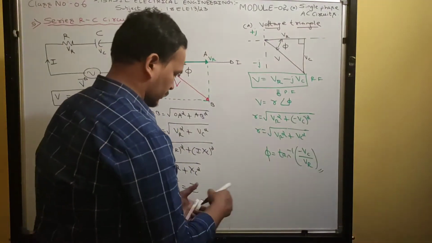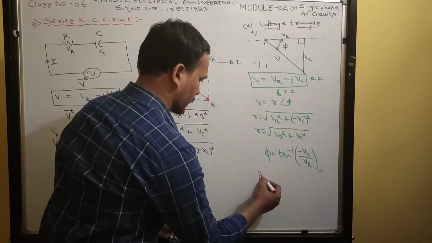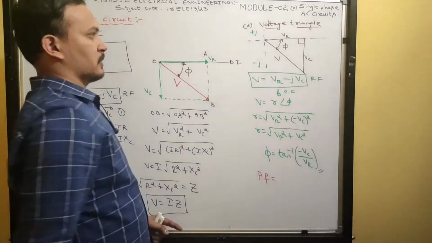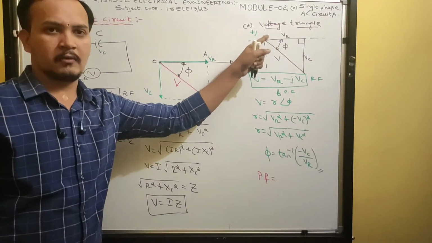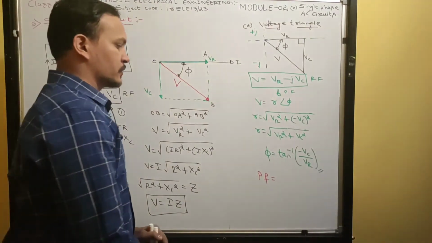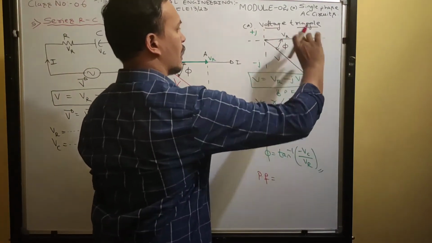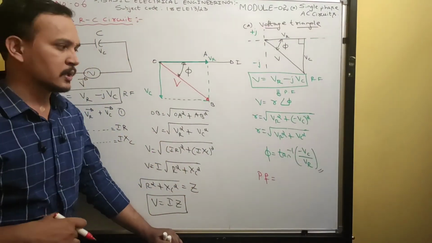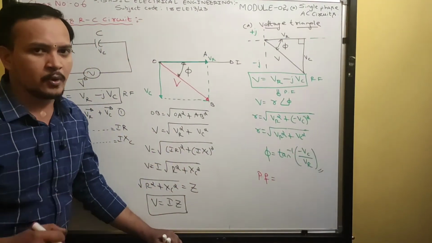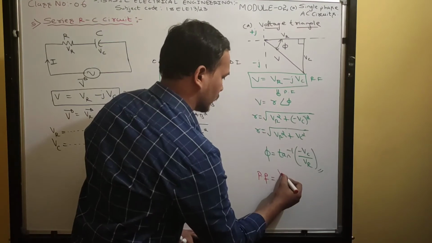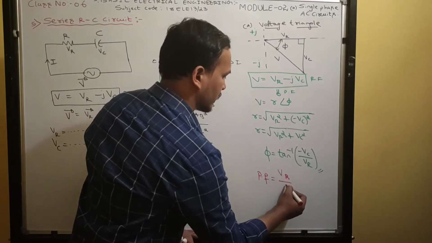So next important thing is power factor. What is power factor from the voltage triangle? What is this triangle? Adjacent, hypotenuse and opposite side. What is cos pi? Adjacent by hypotenuse. What is adjacent? VR. What is hypotenuse?